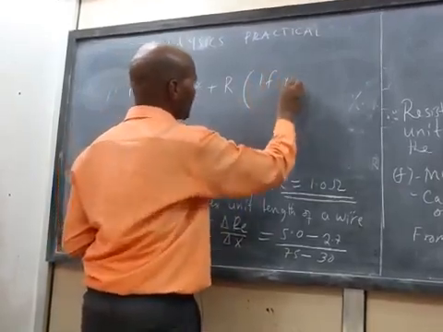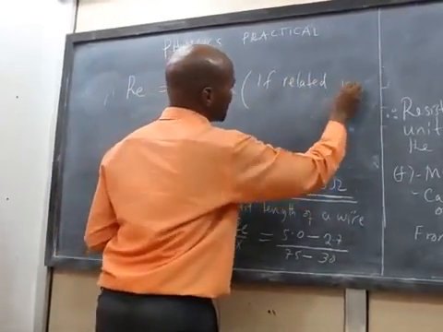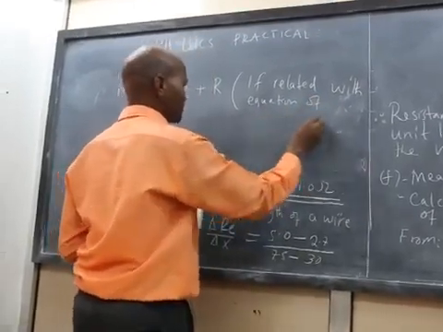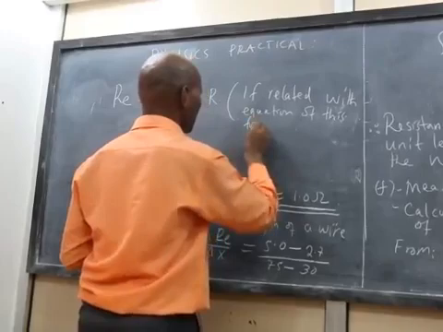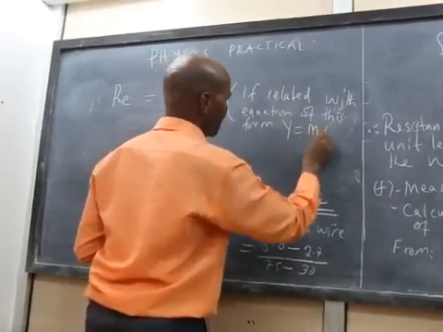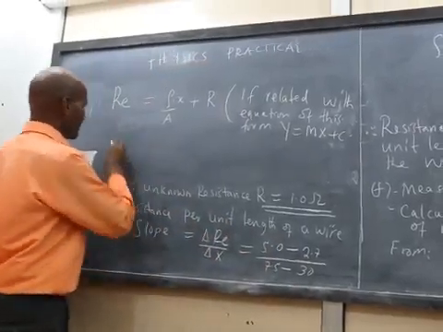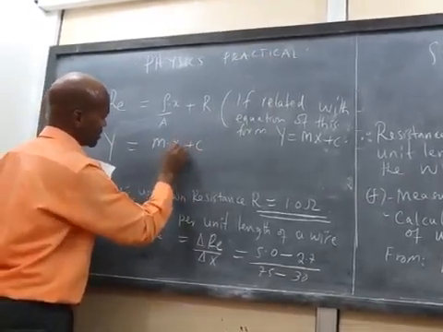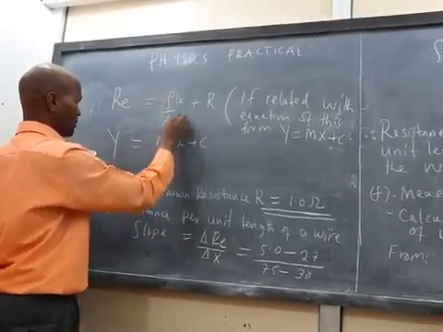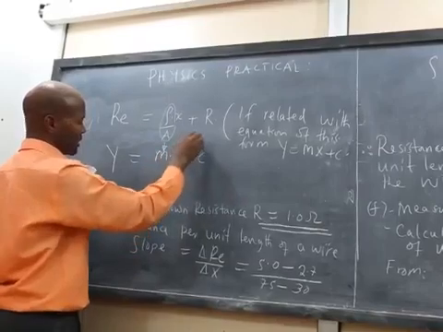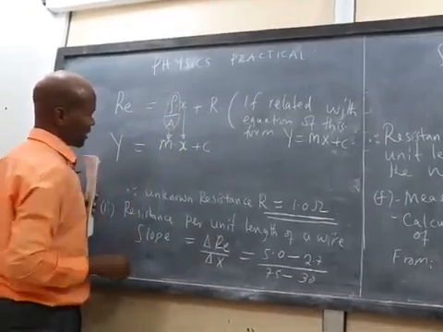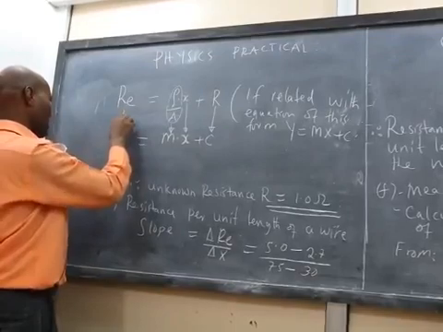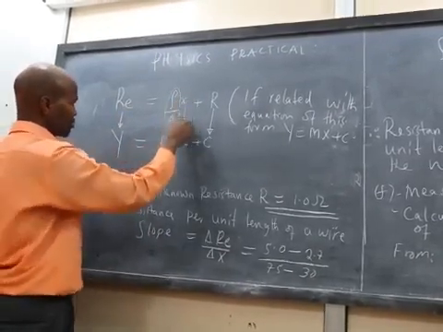If related with the equation of the form y is equal to mx plus c, you see this one here is related to the slope, and this one is the intercept, the unknown resistance. RE is the y-axis, and the x-axis is related to the length x.